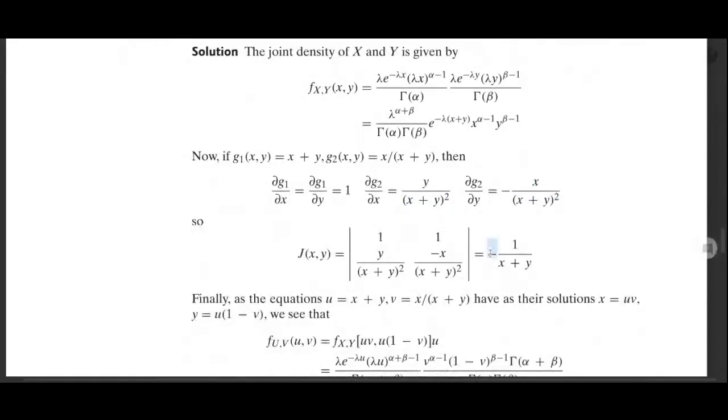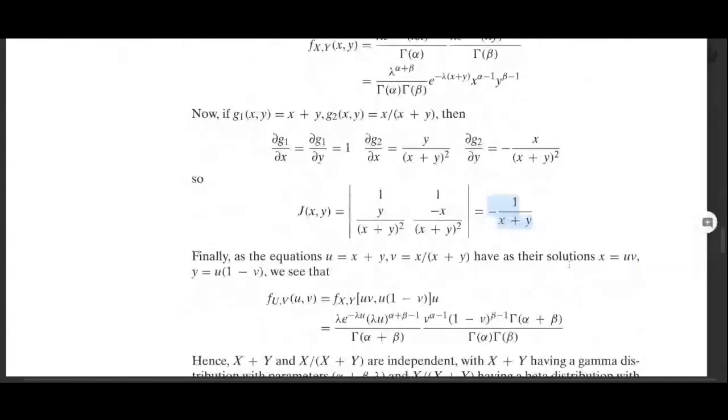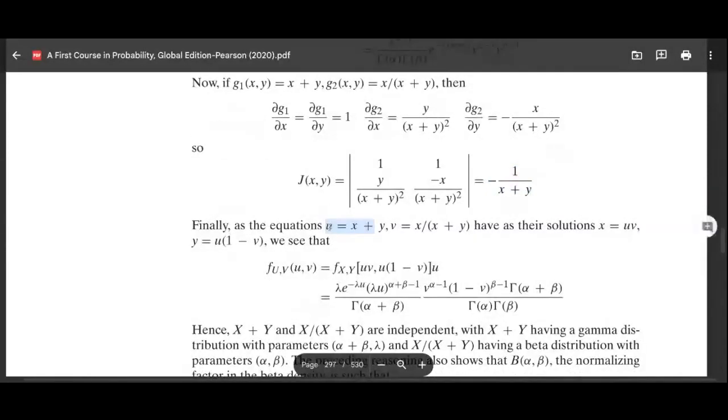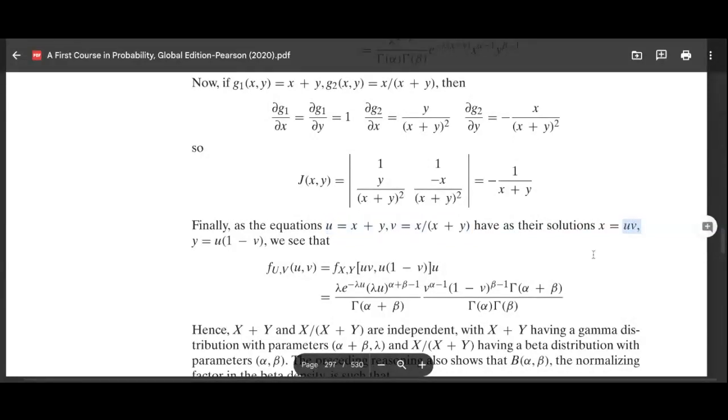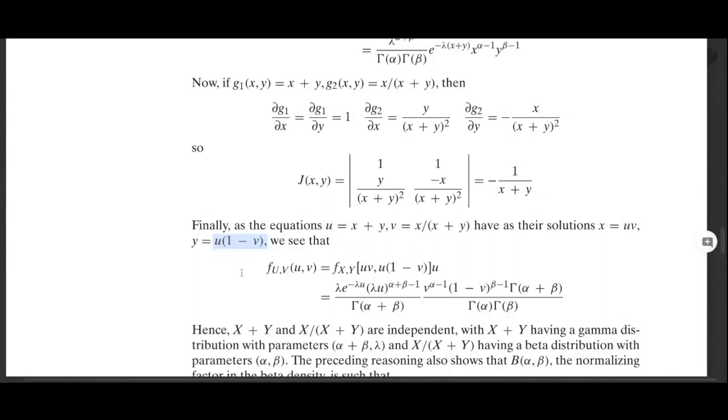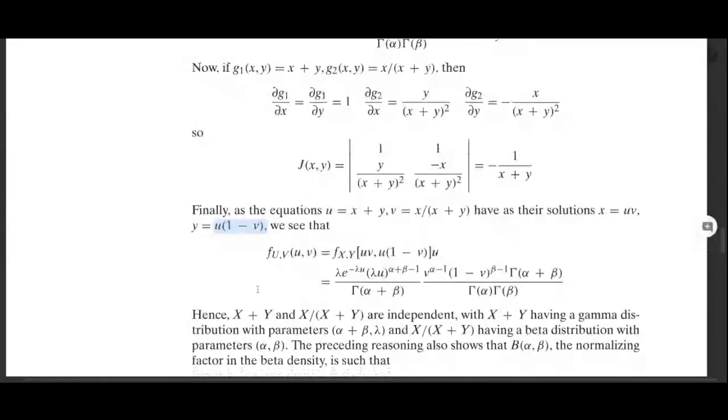Then we calculate the Jacobi, which is negative 1 over x plus y. Then from these two equations, we can solve for x and y in terms of u and v. X will be u times v, y will be u times 1 minus v.